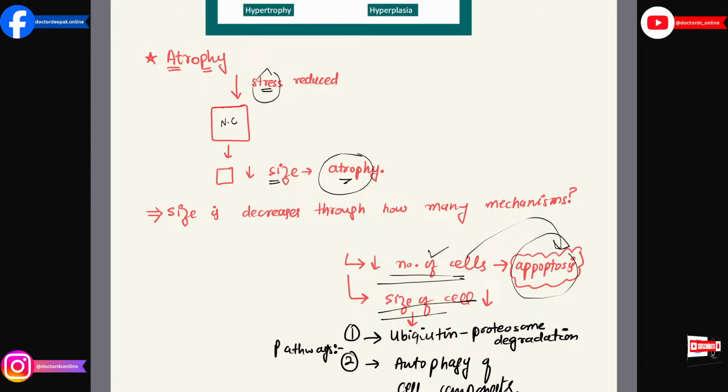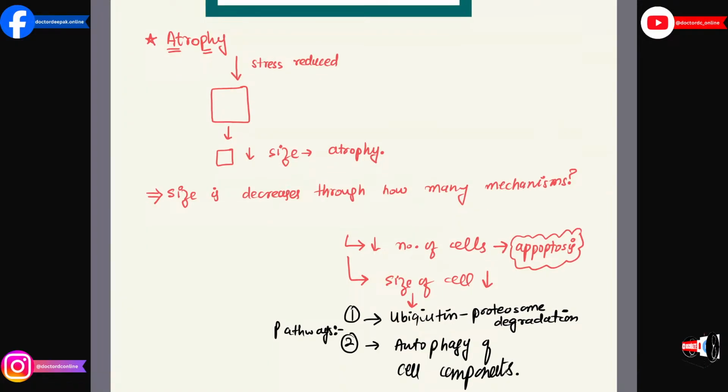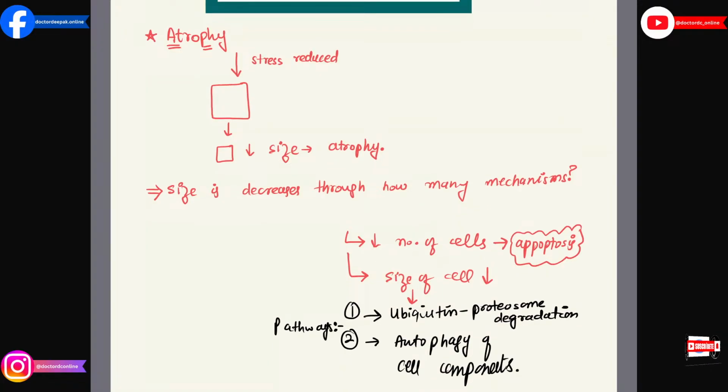Now let's discuss how the size of the cell is going to be decreased. The size of the cell is going to be decreased by two mechanisms. The first mechanism is the ubiquitin proteasome degradation pathway, and the second mechanism is autophagy of cellular components. Let's discuss one by one. First of all, what is ubiquitin? Basically, ubiquitin is a protein, and proteasomes are organelles present in our cell, and these organelles have destructive enzymes.